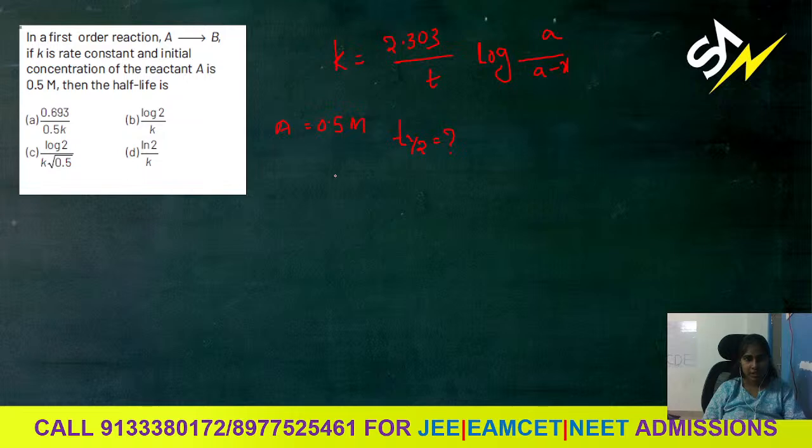So you can calculate it using T half formula. What is T half? What is the half-life period for first order reaction? That is 0.693 by K. So apply it here.